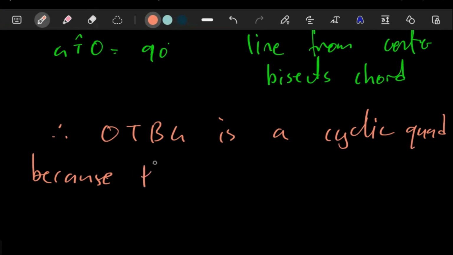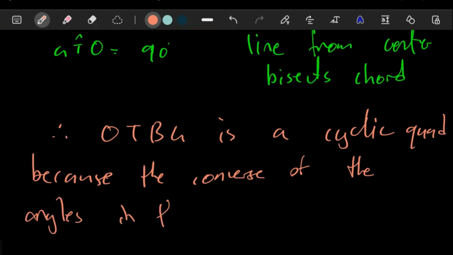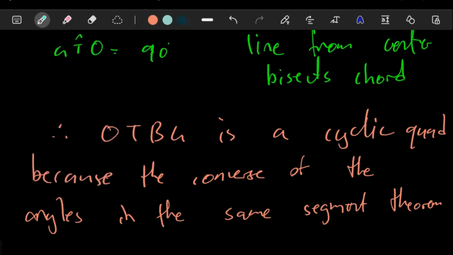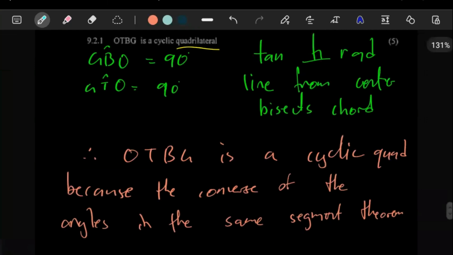Because of the converse of the angles in the same segment theorem. So in other words, if you're going to say something like converse, you're almost trying to say you are seeing the law using other means in your sketch.